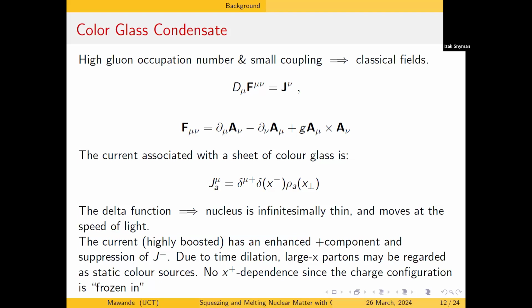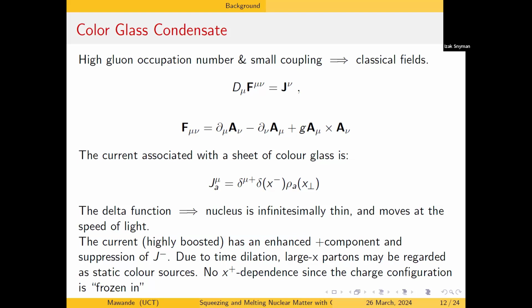Okay, this is my model for this pancake. And then in the transverse plane, there will be a static distribution of color charge. We have a color index over there.